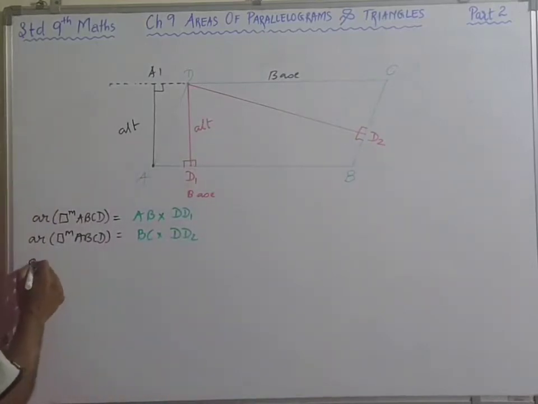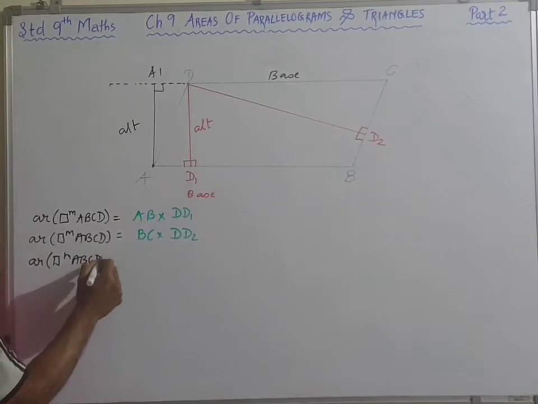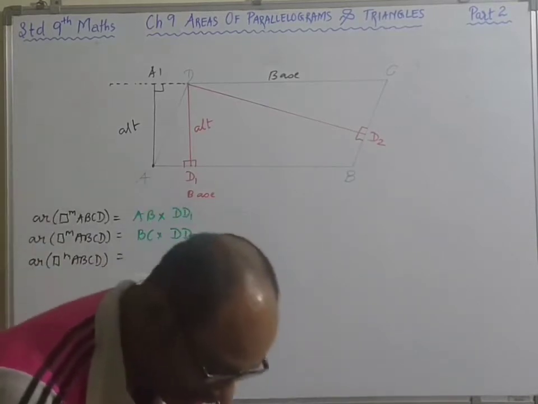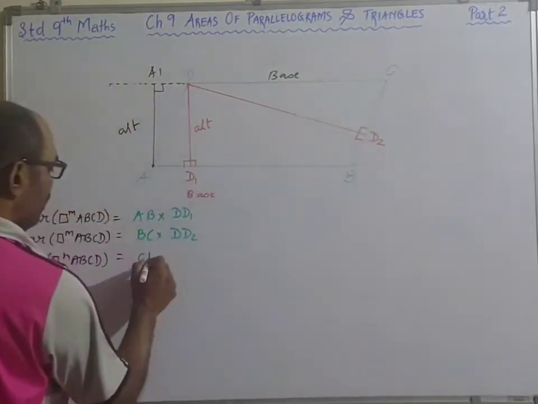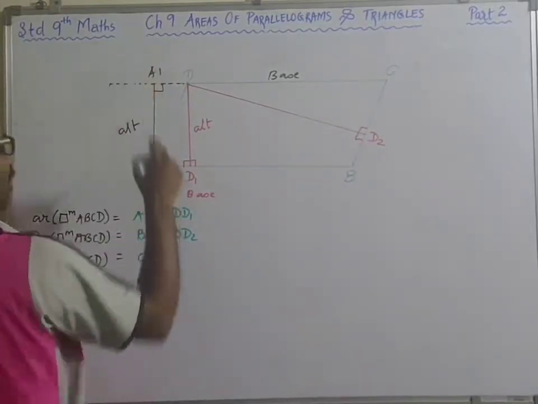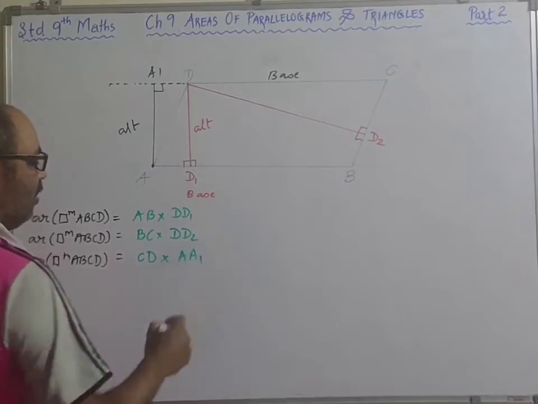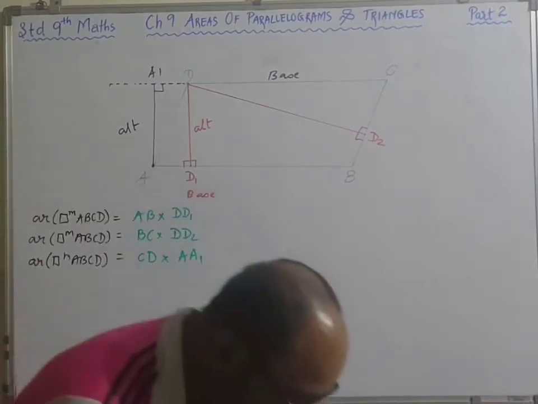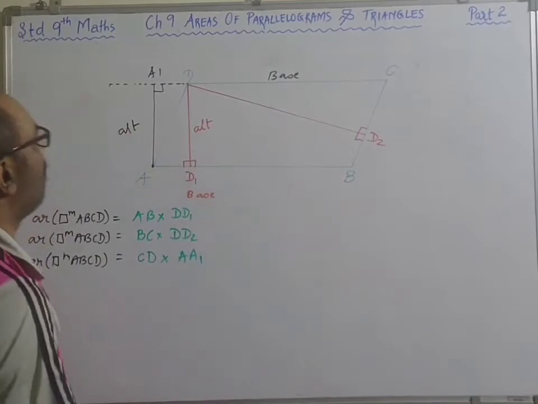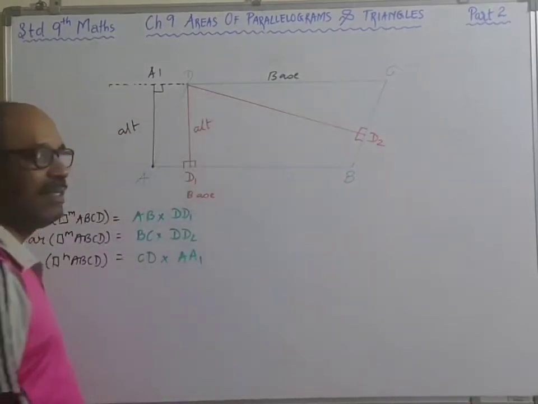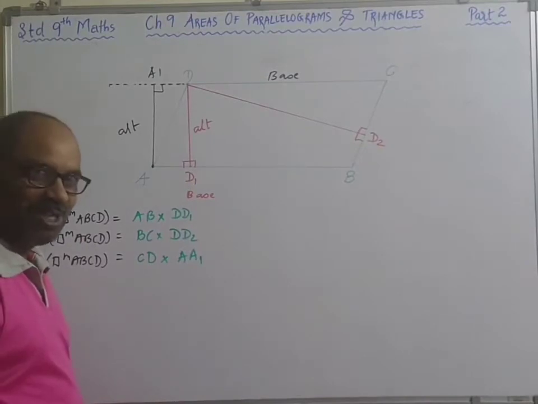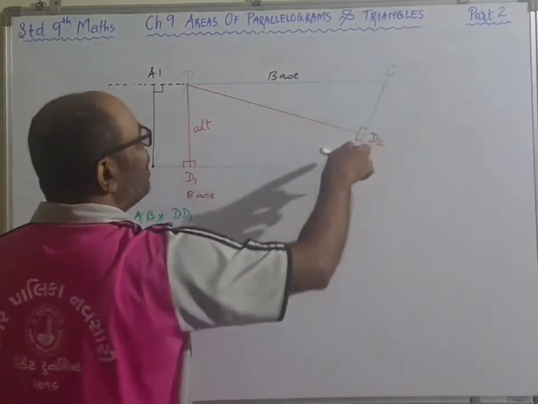Alright, so I get another formula. Area of parallelogram ABCD is equal to, yes, what is the base this time? CD into the corresponding altitude AA1. Now children, you have dropped altitude from vertex A to opposite side CD, but there is one more opposite side, and that is BC.